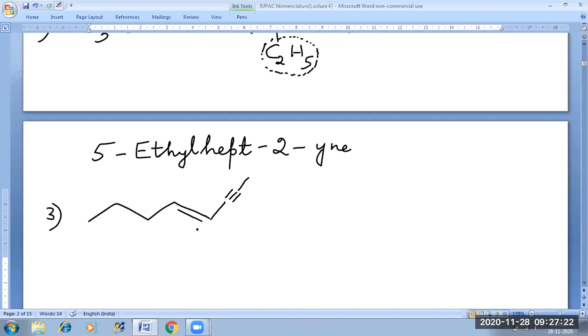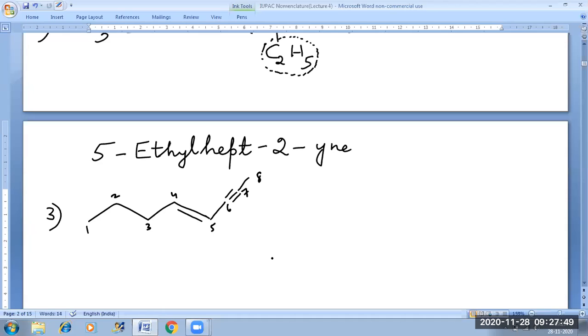The compound contains both double and triple bonds. So let's number and see what are the positions of the double and triple bonds. If I number from here, this could be one way.